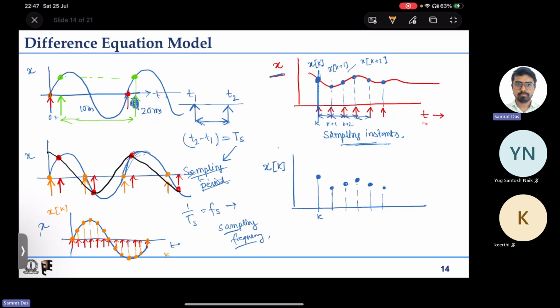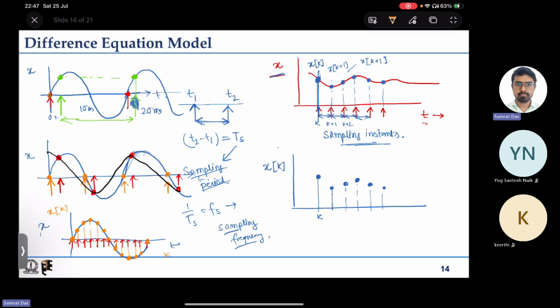So in this case you can see that the discretization holds the information about the signal. It is close to a sinusoid, or some variation of the sinusoid is actually seen.